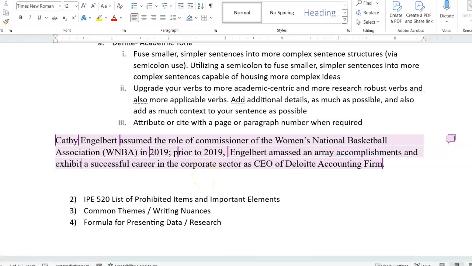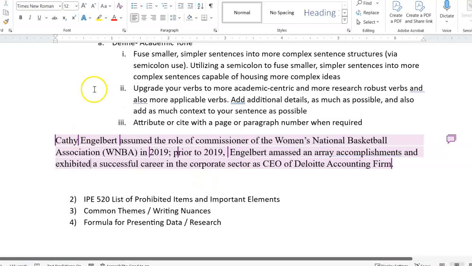"Exhibited" a successful. I had already changed this. This was "an impressive." I changed this because "impressive" lends towards a bias in the content.